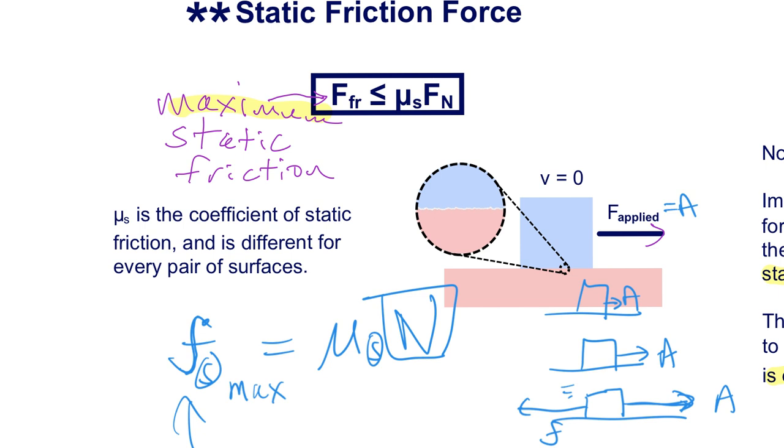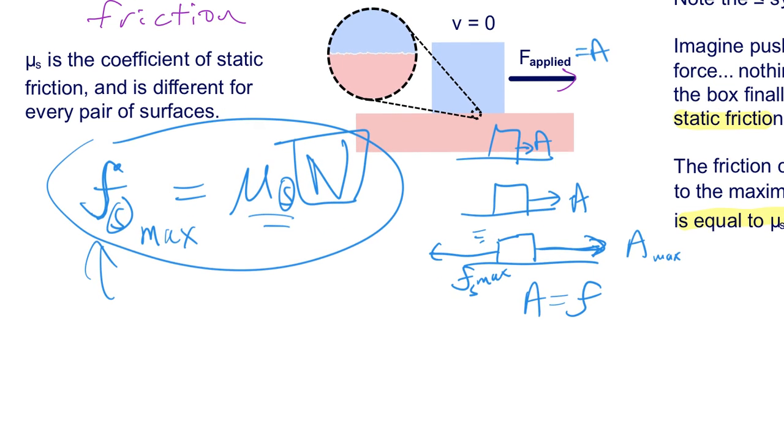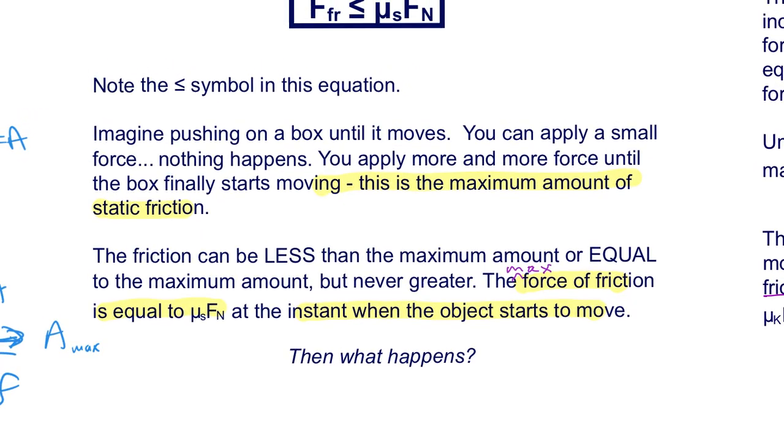And that's how you compare it to the static coefficient of friction. So, in all these cases, the applied force equals the friction, but the maximum applied force, where it starts to budge, is equal to the maximum static friction, which is used to calculate the static coefficient of friction. Sounds like a lot of words.